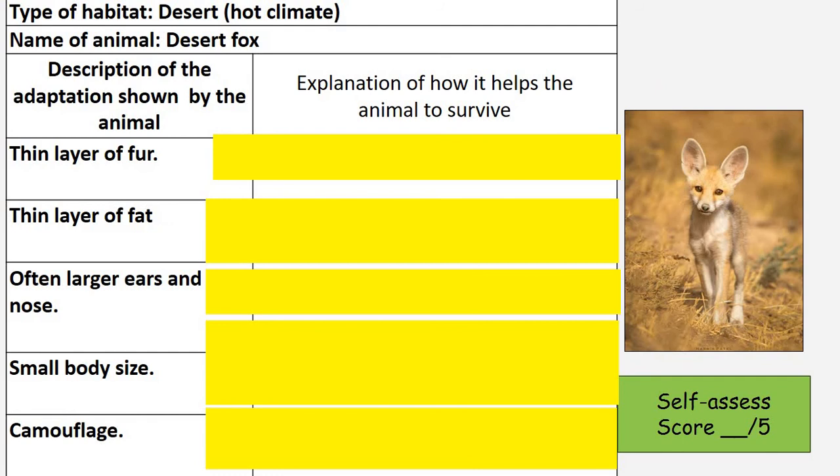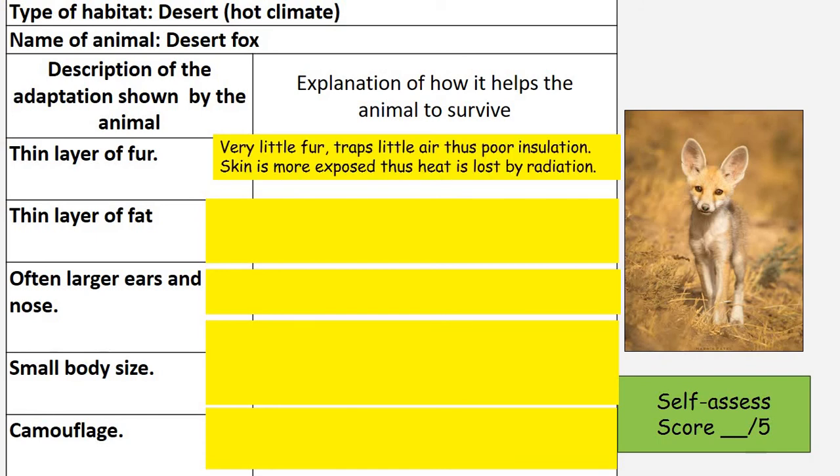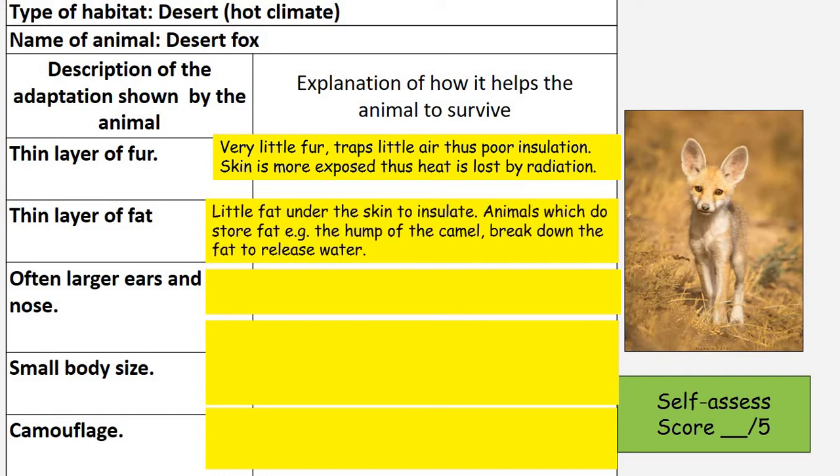Onto the desert fox, also known as the fennec fox. Very little fur. Again, because I want to lose the heat. I don't want to have lots of insulation. Larger ears, so greater surface area to lose more heat by radiation.